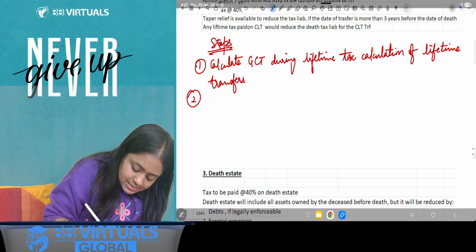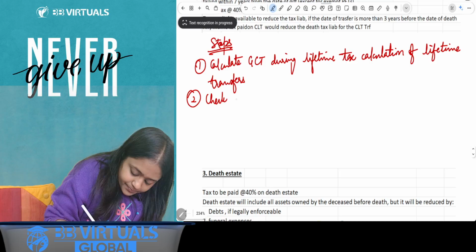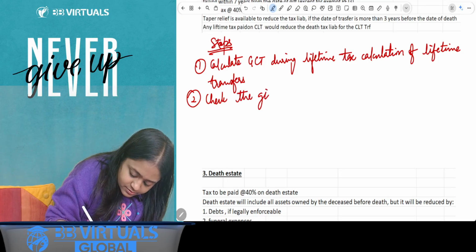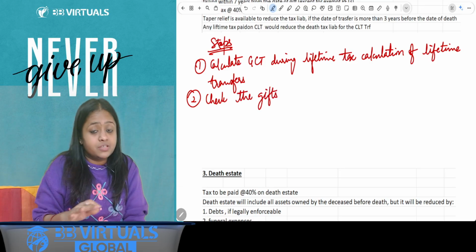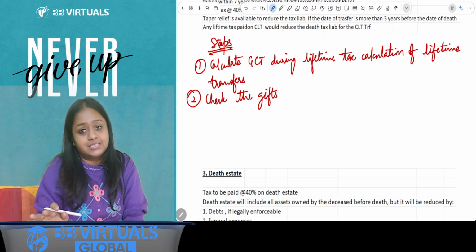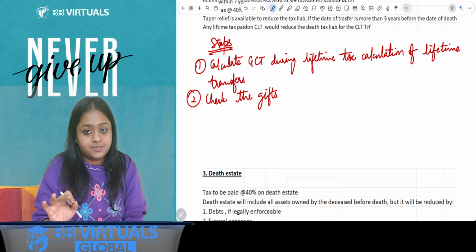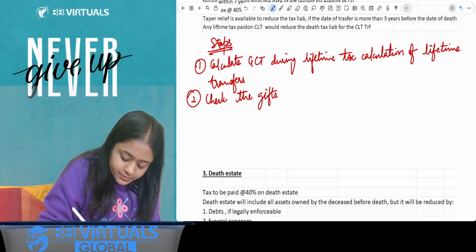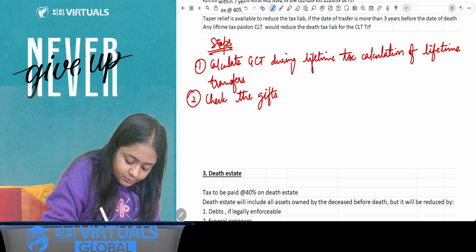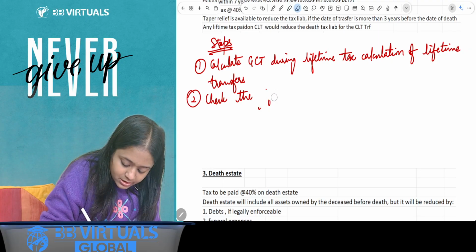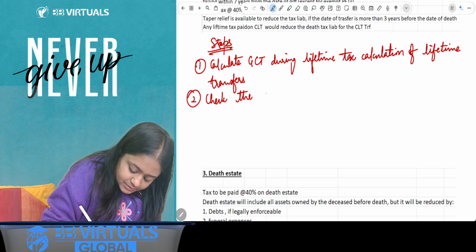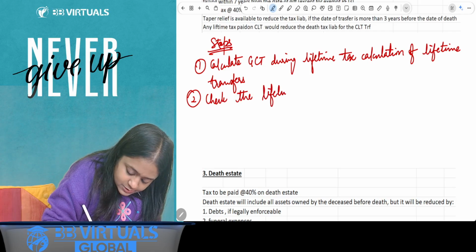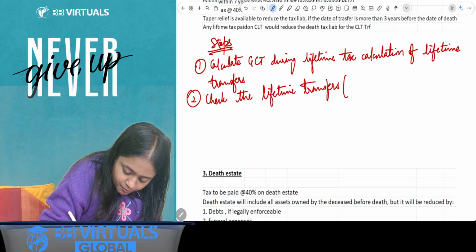Now step 2, check the gifts. This is just a summary I'm giving so that you will never ever forget death tax. Simplified steps. Check the lifetime transfers, both PET and CLT.